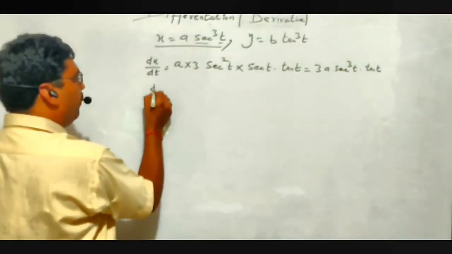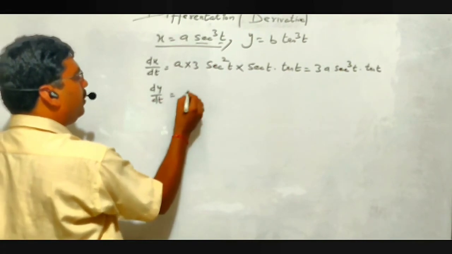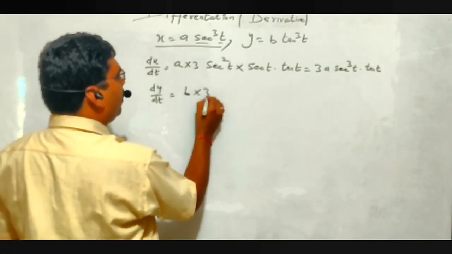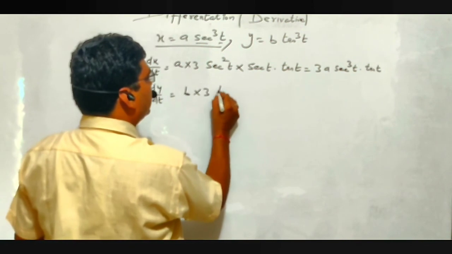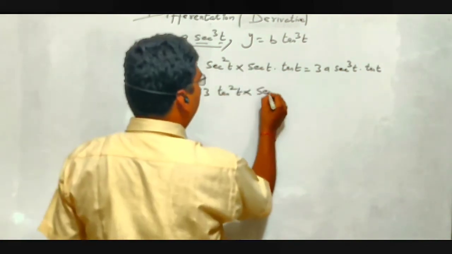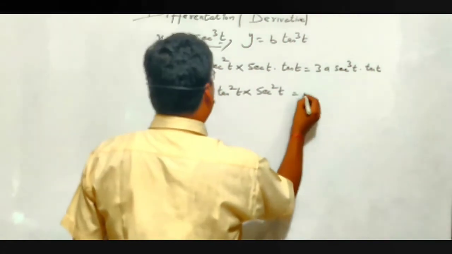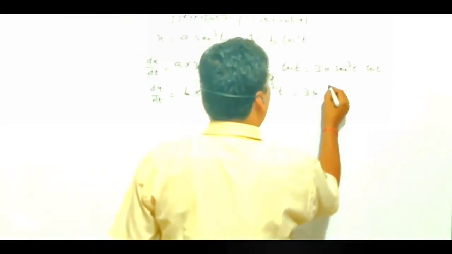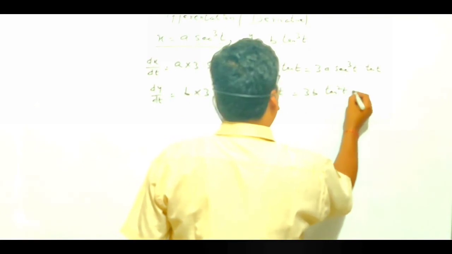The derivative of y with respect to t: b as it is, power comes forward, 1 power less. Now the derivative of tangent is secant square. That becomes 3b tangent square t secant square t.